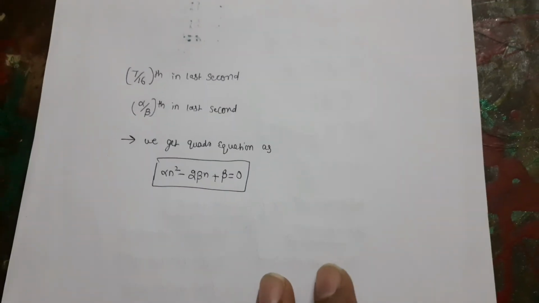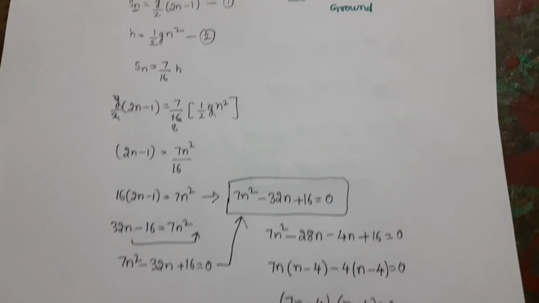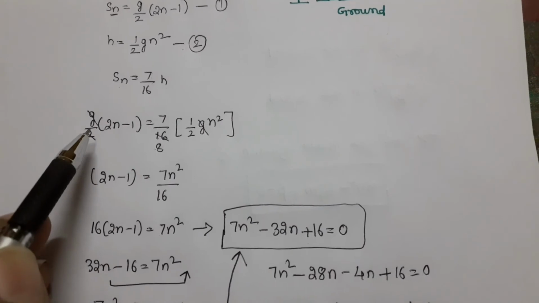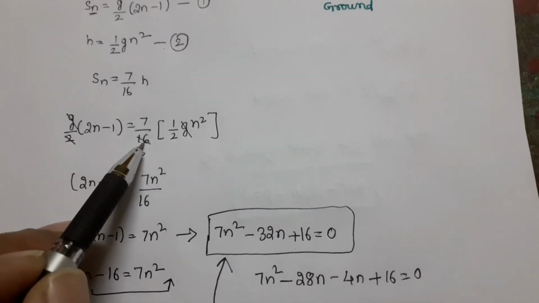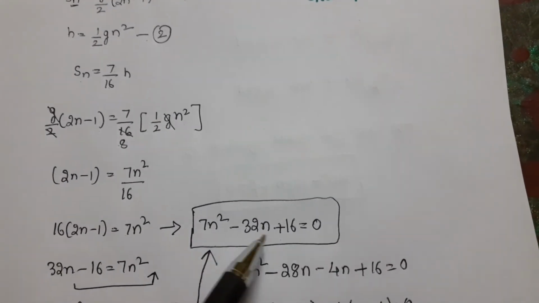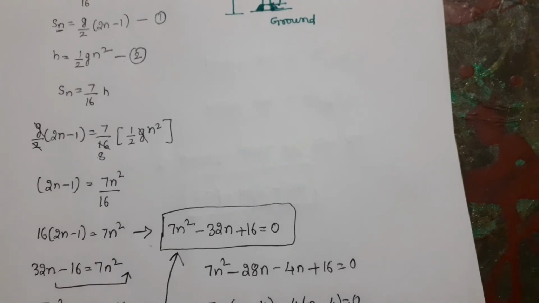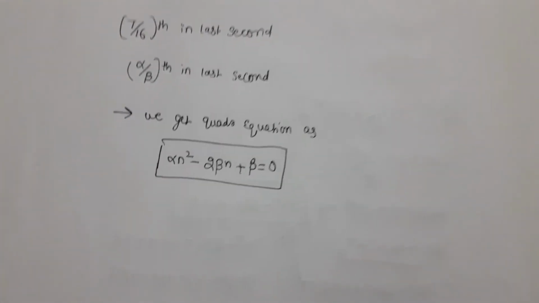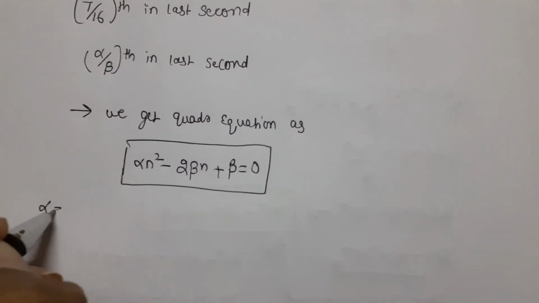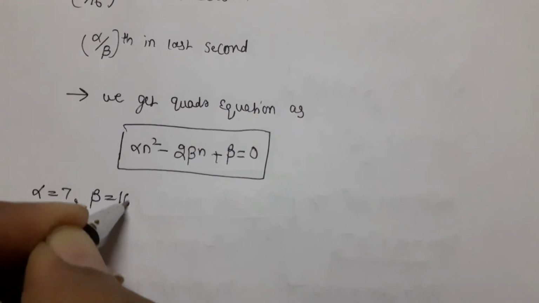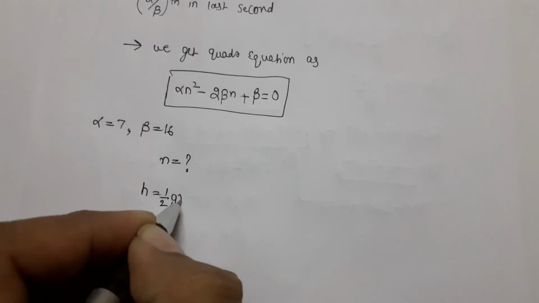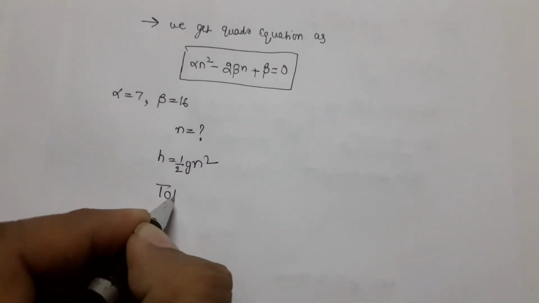I got it in the previous solution, by substituting Sn is equal to alpha by beta into h, where Sn is g by 2 of (2n minus 1) is equal to 7/16, or alpha by beta, of 1 by 2 g n square, which gives this type of quadratic equation. That means it is alpha n square minus 2 beta n plus beta, where alpha is 7 and beta is 16. So you will get the value of n and substitute the value in 1 by 2 g n square. You will get the total height.